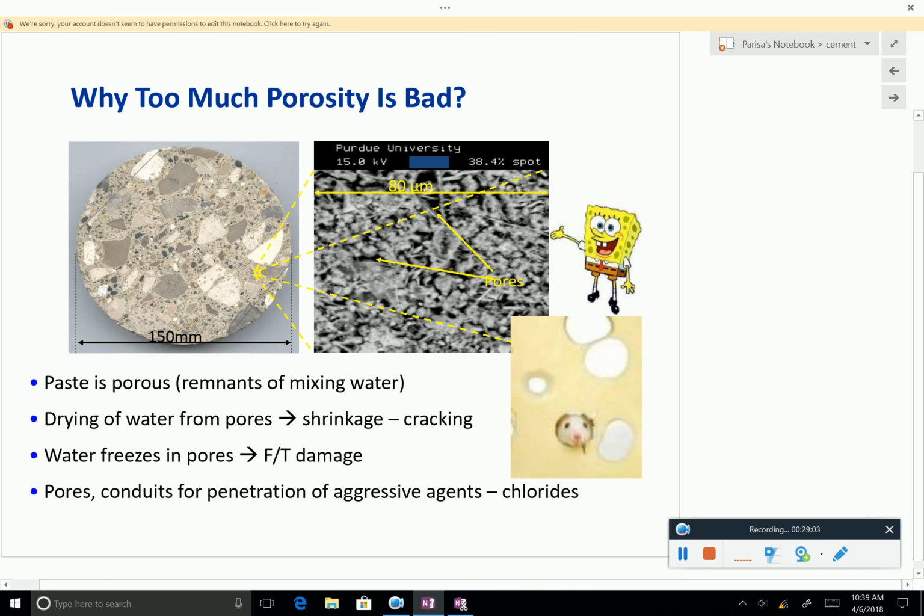And why? We talked about it. You can have shrinkage when the water is evaporating from capillary pores, and then when you have a lot of shrinkage, you are going to have a lot of cracking. This is a common problem.